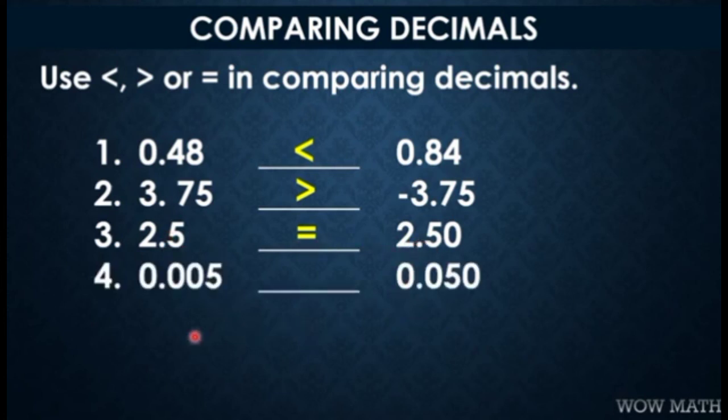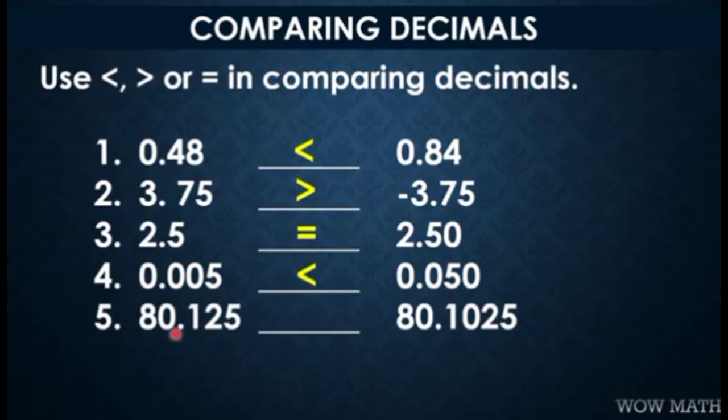Another example. So, medyo nakakalito siya. So, 0, ones. Ito, 0. So, 0 again, tens. Punta tayo sa hundreds. This is 0. This is already 5. So, ibig sabihin, this is bigger than this. So, we have 0.050 is greater than 0.005. And the last one, I have 80.125 and 80.1025. So, paano yan? So, anong mas mataas?